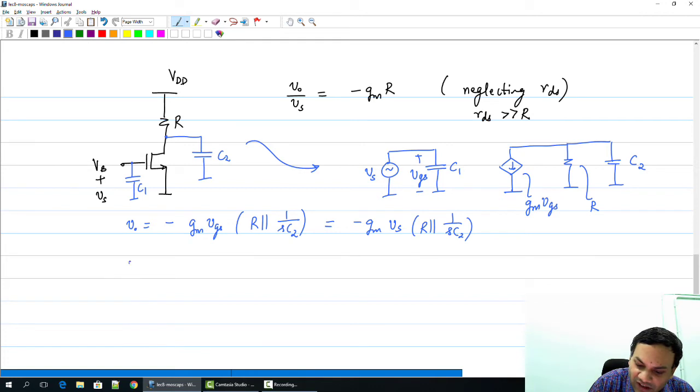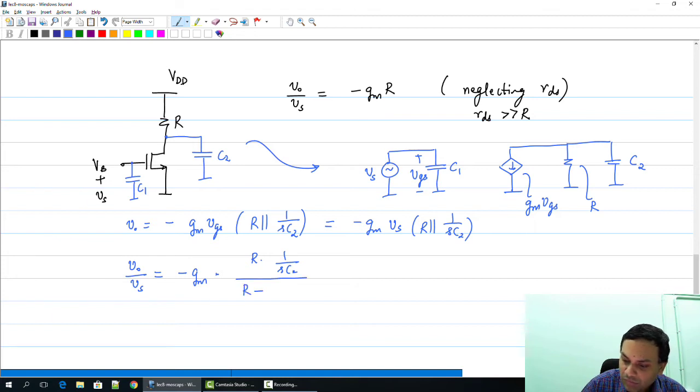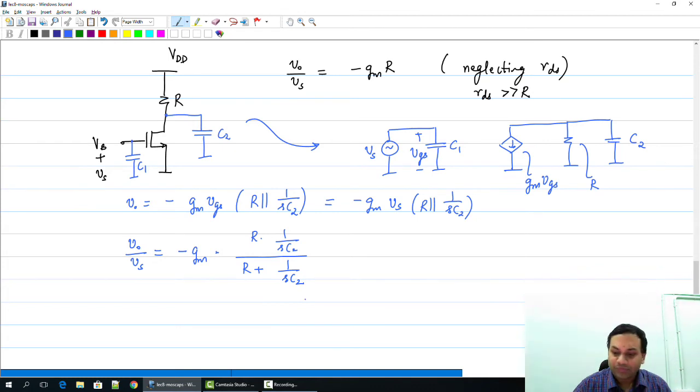Now what is the expression for VO by Vs? VO by Vs is nothing but minus Gm into this expression, and this can be further simplified in the following fashion. I am going to write it in two steps.